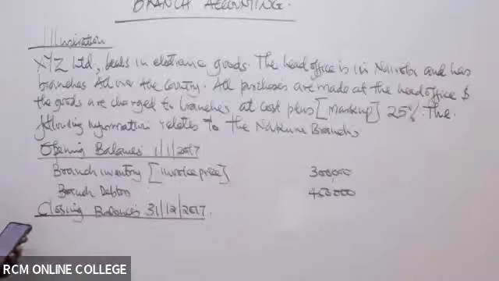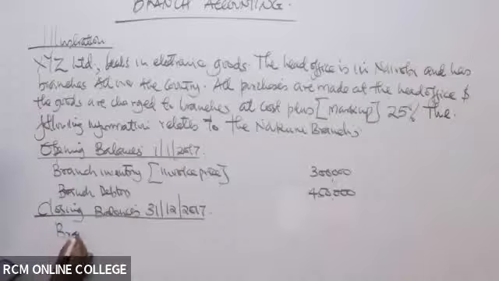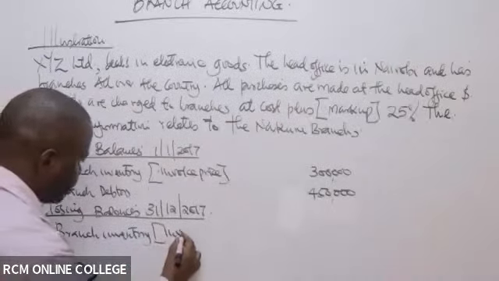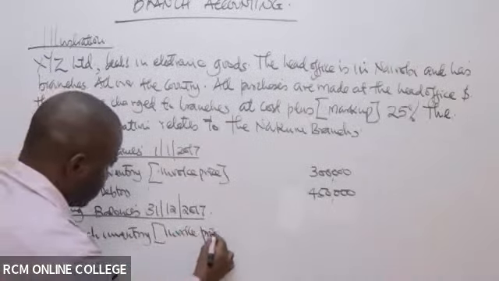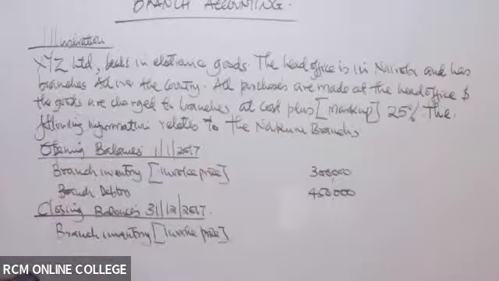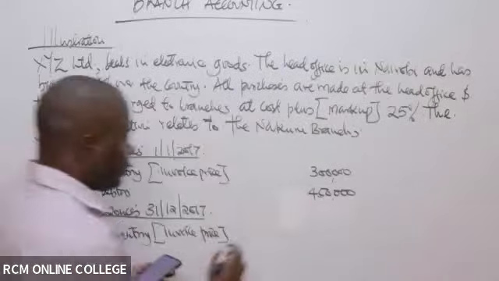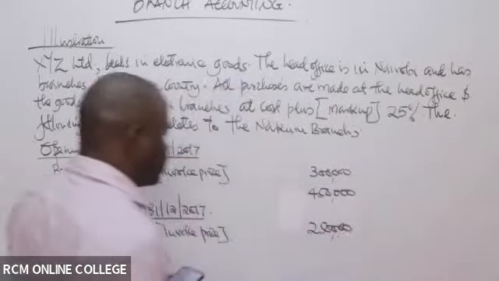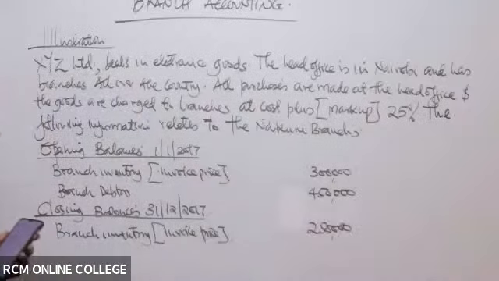The branch inventory, at invoice price, had a closing balance by the end of the year of 250,000.